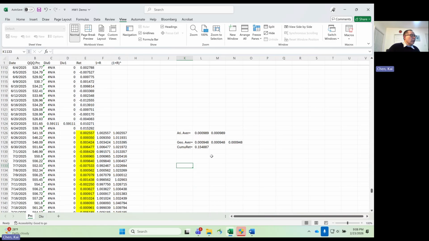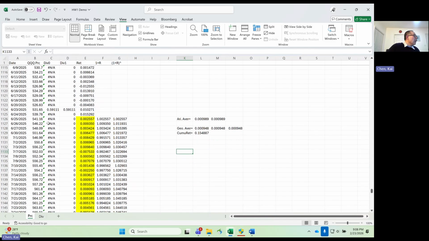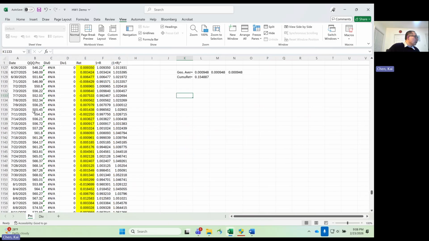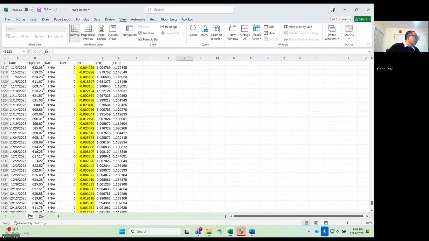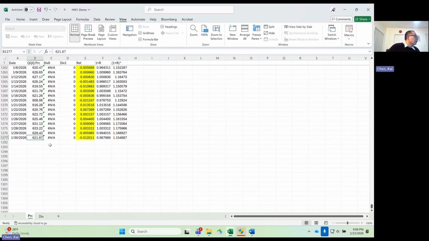That means they use the ending price. Ending price is here, right? That is B1277.